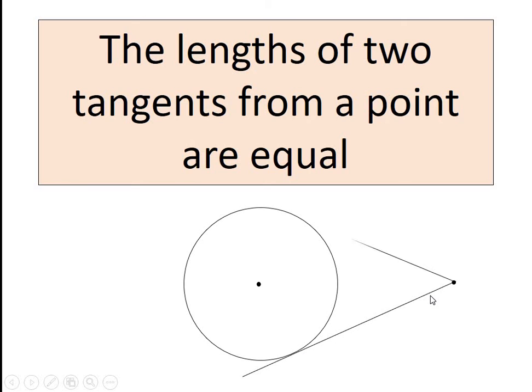If we had a similar tangent the other way, then where they meet the radius, those lengths would be exactly the same. We know that this angle here is 90 degrees, so this is also 90. So what you've actually got here are two identical triangles.